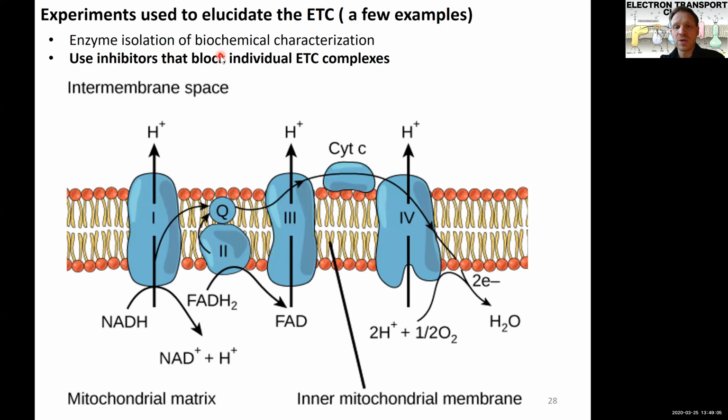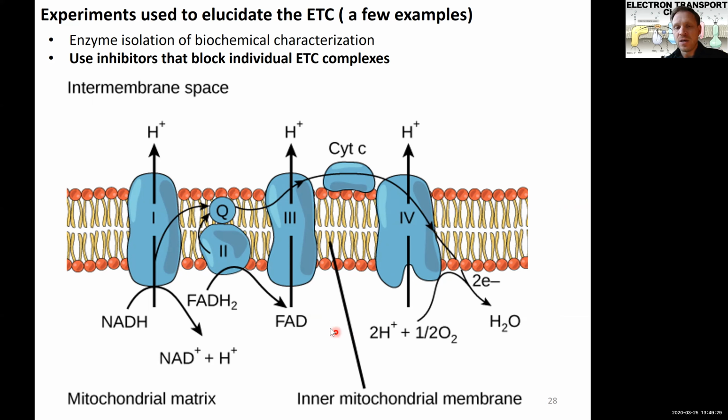So how does this work? Just to recap some of the material we have covered in part 1 of our video on the ETC. Right here you have your mitochondrial inner membrane. This would be the intermembrane space, so the space between the inner membrane and the outer membrane of the mitochondrion. And on the inside here, we have the mitochondrial matrix.